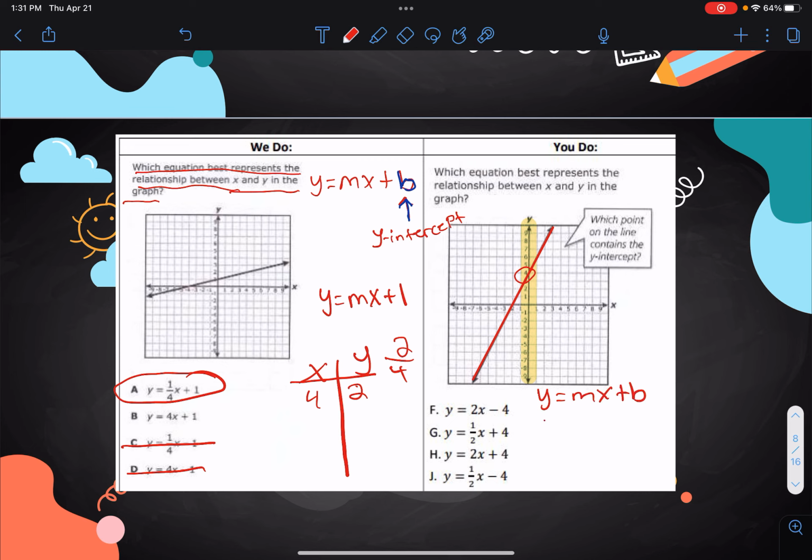So that means your equation should be written in y equals mx. Is it a positive or negative 4? It's a positive 4, so it's plus 4. If it were a negative 4, then it would be minus 4. But since it's a positive, it is plus 4. So can we eliminate any answers? Yes, F and J. So now we need to find the rate of change, okay?